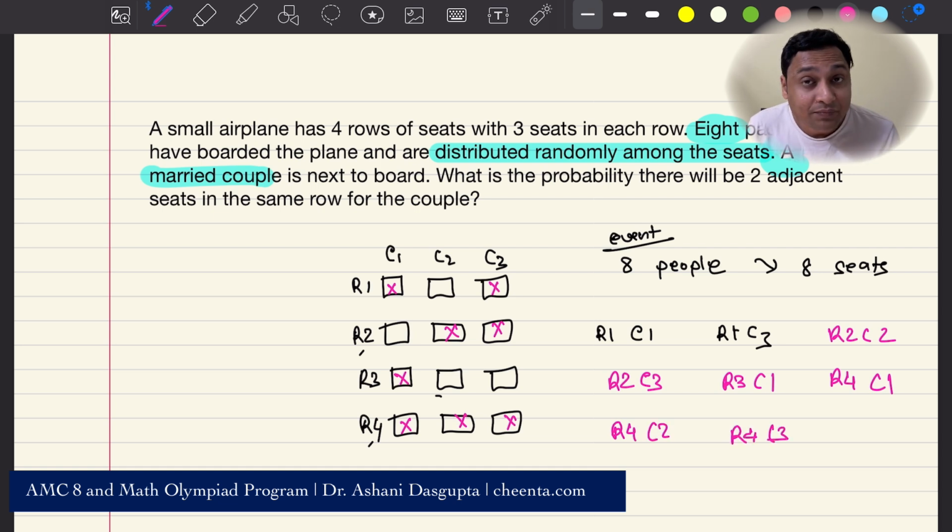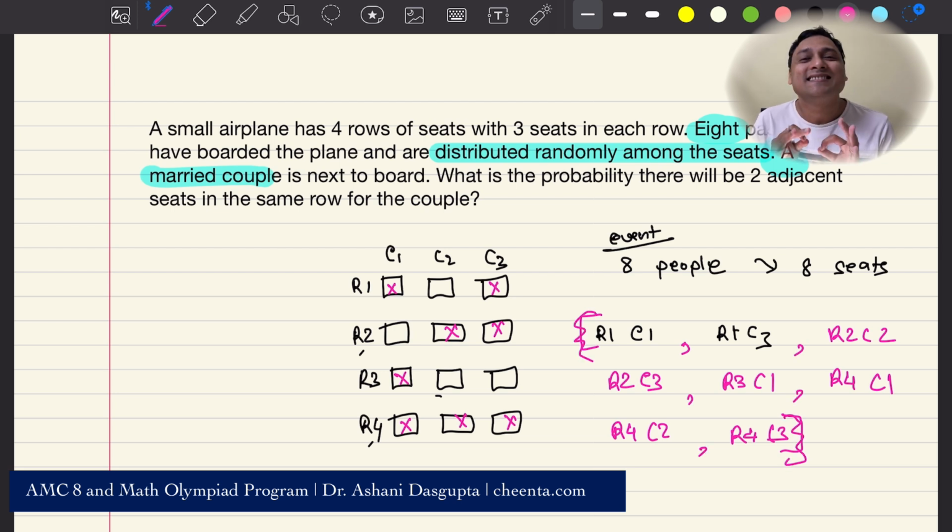So notice how I have completely written down the positions in which the 8 people who have already boarded have taken their seats. This set containing 8 seat numbers is one possibility.